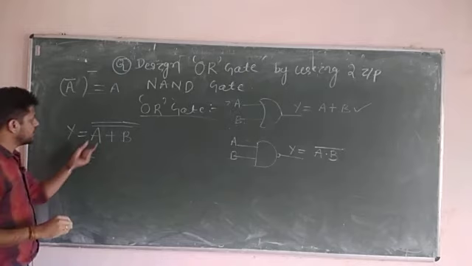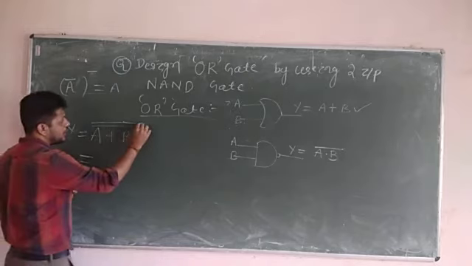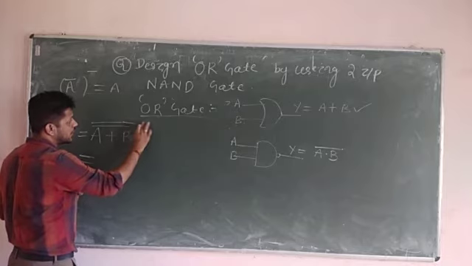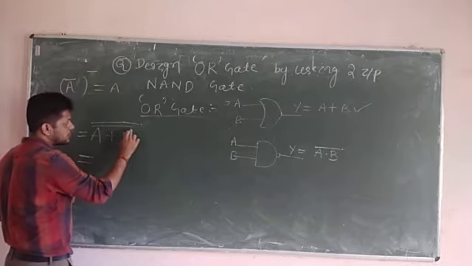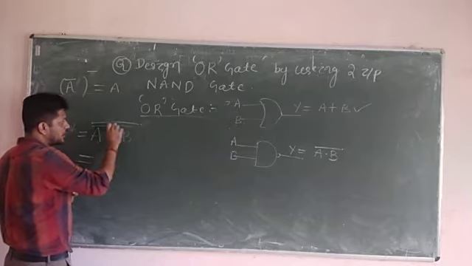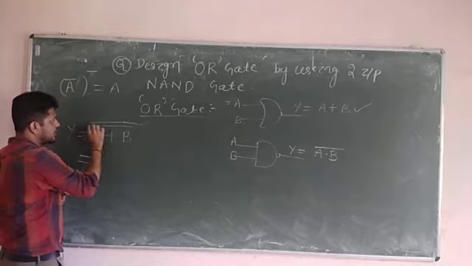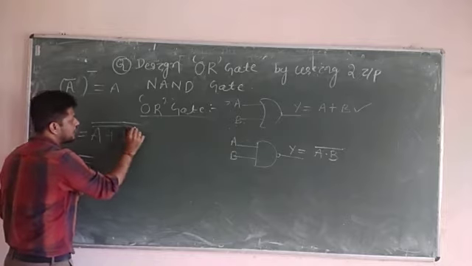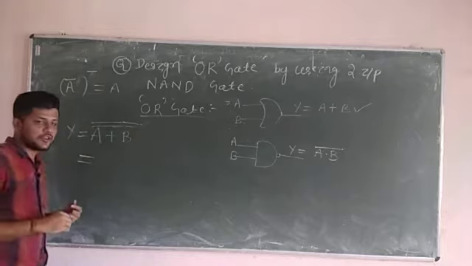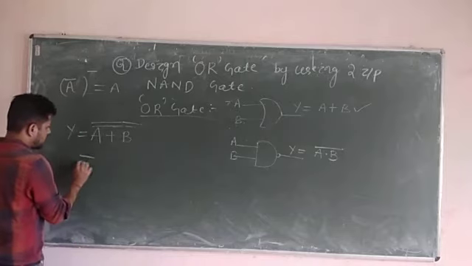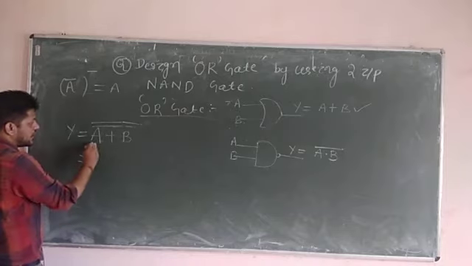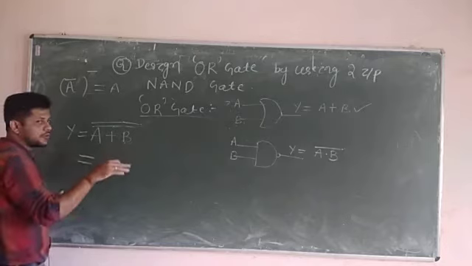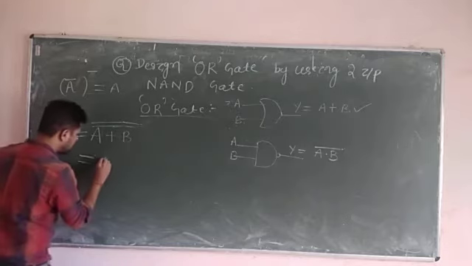Hence this is the outer bar, and this is the inner bar. In order to open this inner bar, I am going to apply De Morgan's law. What De Morgan's law states is that A or B whole complement is equal to A bar and B bar.